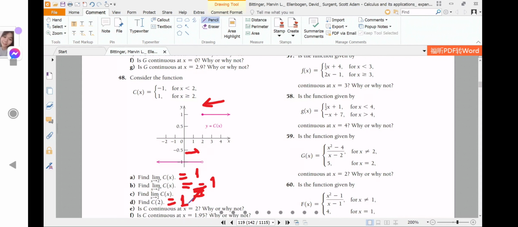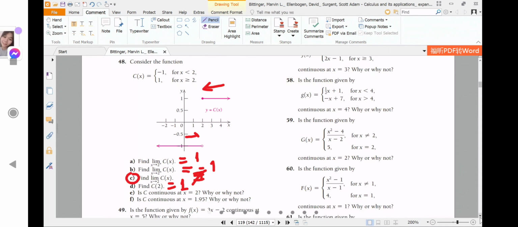It isn't continuous because the left limit doesn't equal the right limit. Yes, the limit of f(x) at 2 does not exist, as we answered in question C. And continue. Question F is f continuous at 1.95? Yes. Yes, that's the correct answer. Okay.